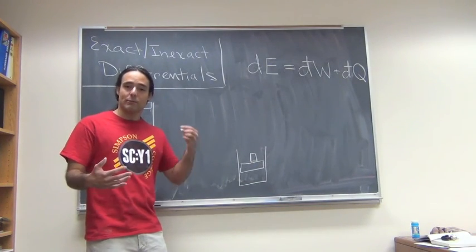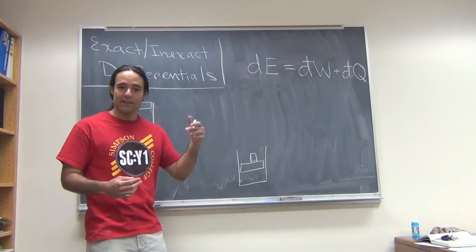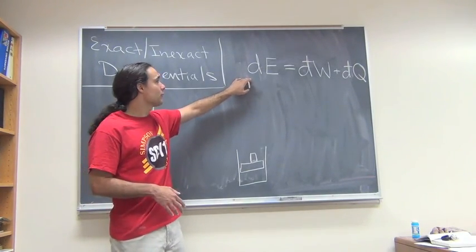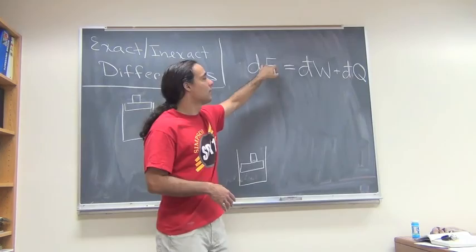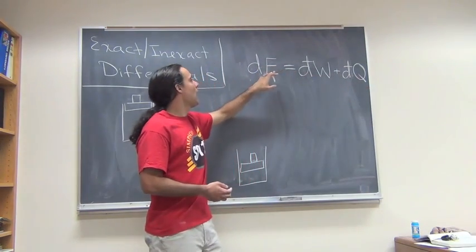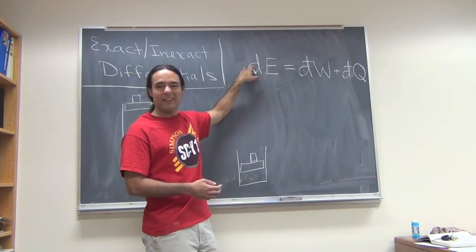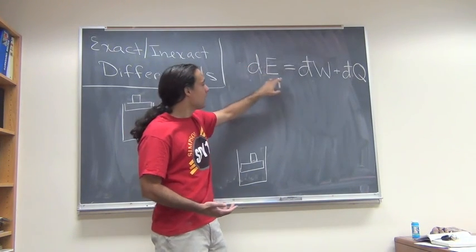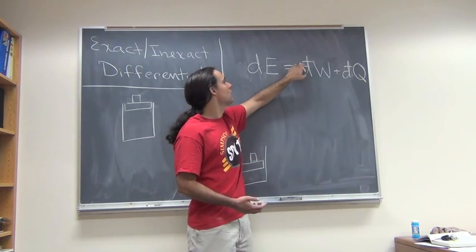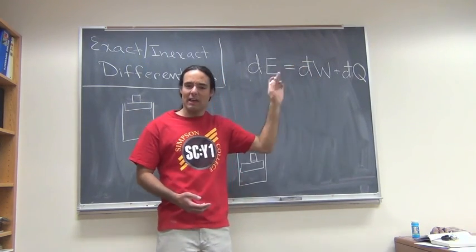You may have noticed I have a particular way of writing the D's on my differential internal energy. So I write dE, my internal energy, is equal to my work plus my heat. Notice that my D here is just a normal D, but the differential D here is a different D. It's got a line through it.